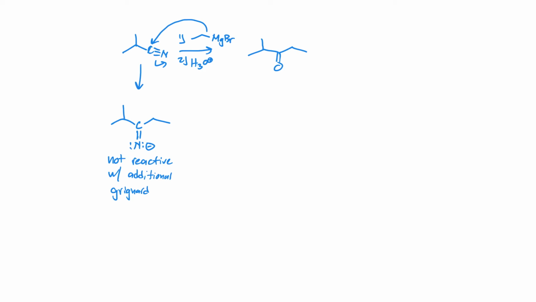That's very unfavorable. So this anion just sits around and waits for the second step to happen, the acid workup. When we add acid here, this nitrogen anion, of course, protonates rapidly, and we end up with, I hope you can name this functional group. Can you name that functional group? This is an imine.